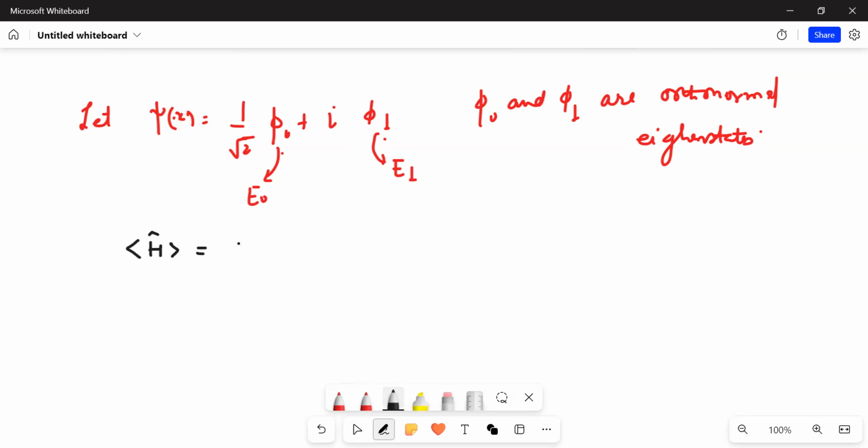We want to find the expectation value of energy. We know that the expectation value of energy is the sum of mod Cn whole square times the energy. But please do remember, first, don't forget to normalize the wave function.